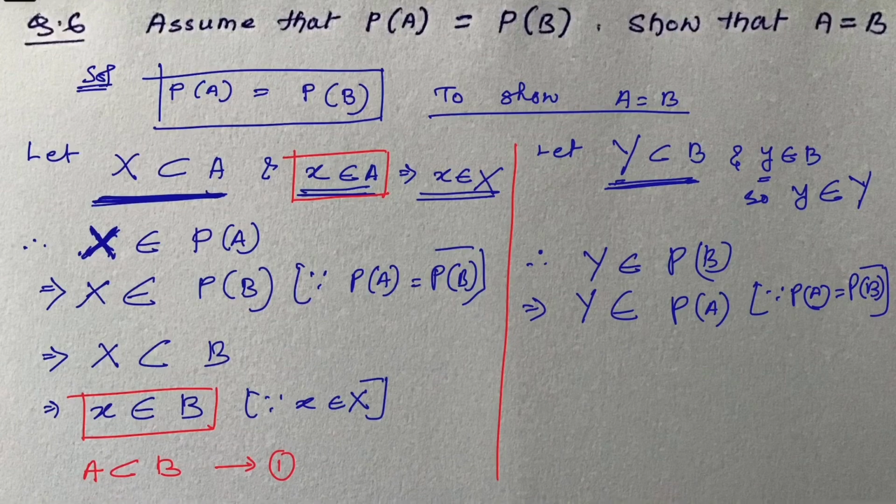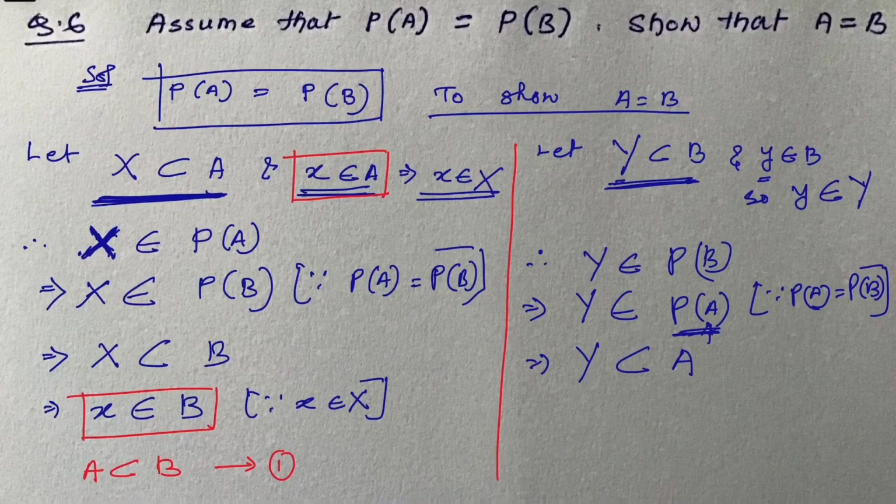So now if capital Y belongs to the power set of A, that means capital Y must be a subset of set A. Power set of a set means the set of all the subsets of the set.